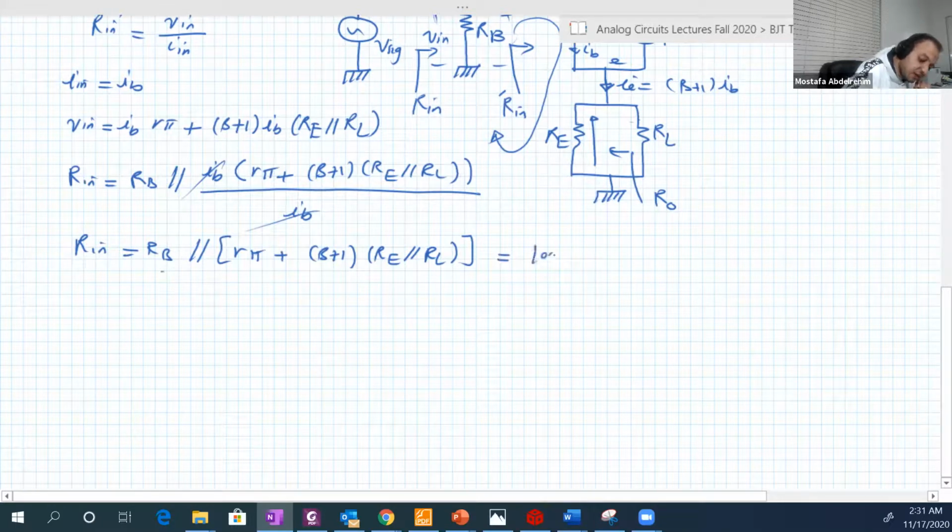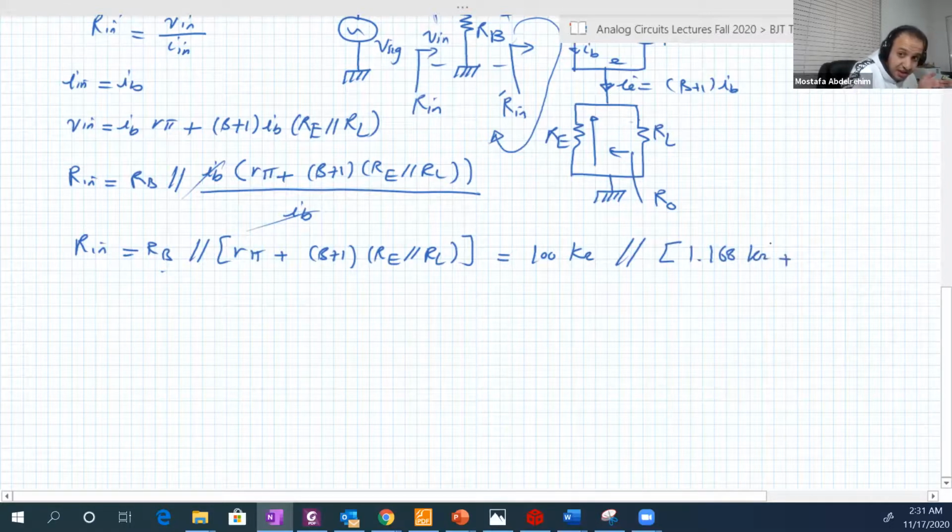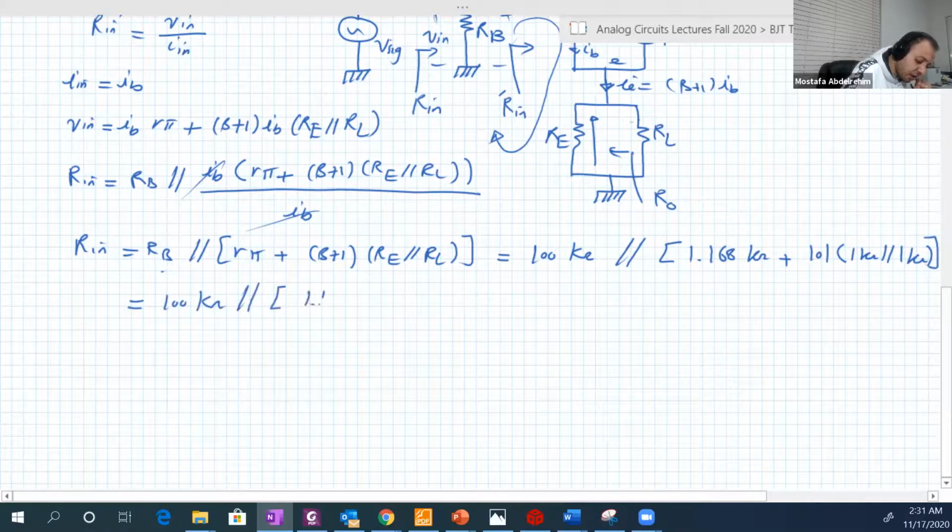RB is 100 kilo ohm, parallel r-pi is 1.168 kilo ohms plus beta is 100, so this is 101, times RE, which is 1 kilo ohm, parallel RL, also 1 kilo ohm, which is half.